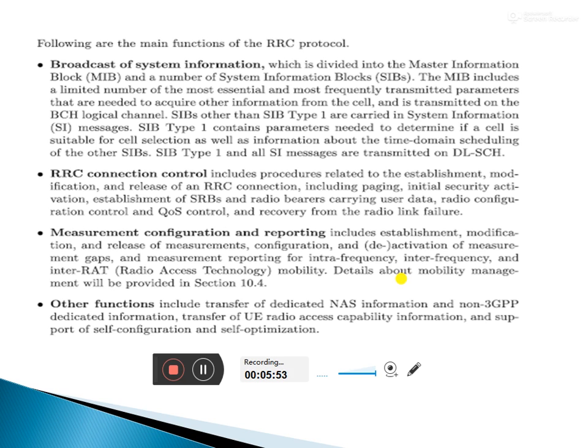Now comes the RRC connection control, meaning how the connection will be set up. Radio link connections are there, with many procedures related to establishment. Verification is there, and RRC connection release. Paging, initial security activation, establishment of SRBs, and radio bearers carrying the user data.